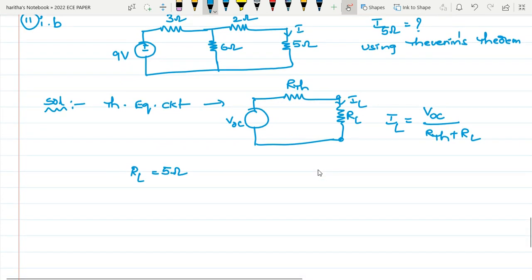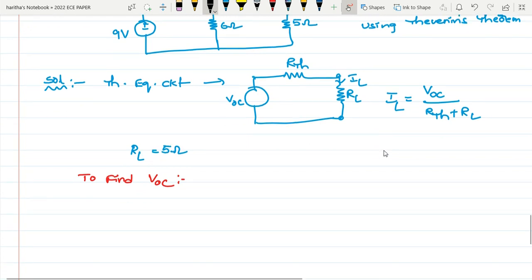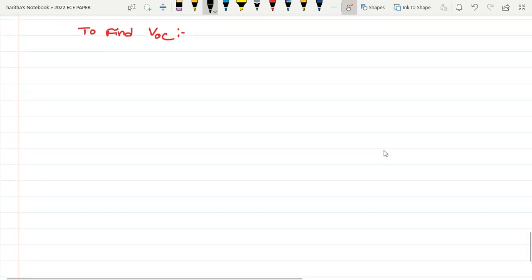So to find the equivalent circuit elements, RL is over. Next, you need to find VOC. So what is the procedure? VOC is nothing but the open circuit voltage.